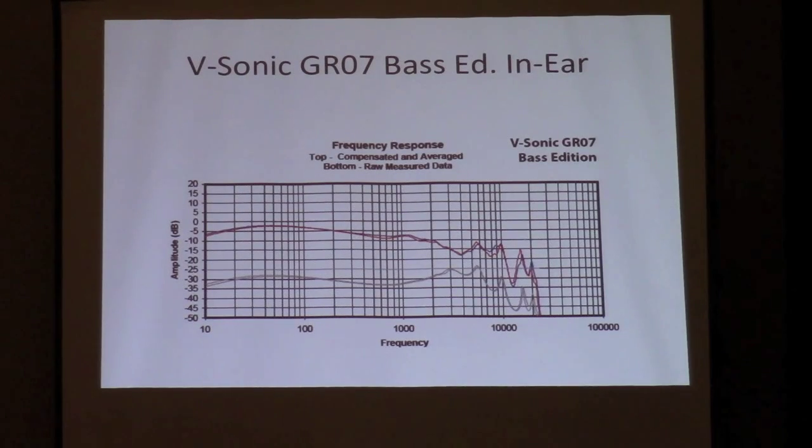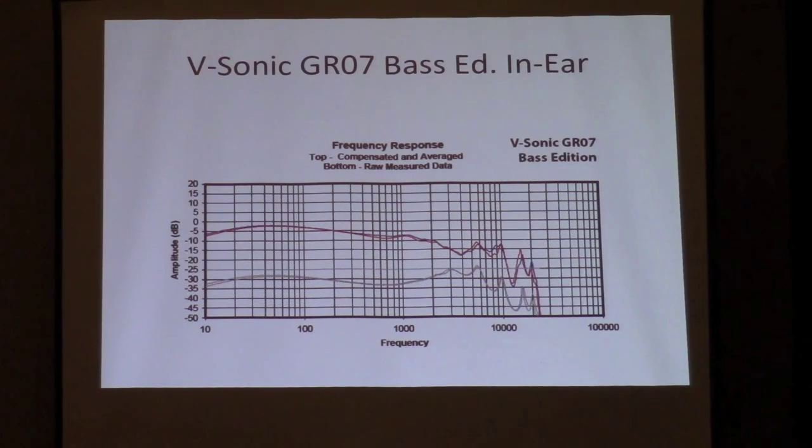Here's an in-ear headphone. This is one that's actually pretty close for an in-ear headphone. In-ear headphones will always have a lot of these peaky things. They come from the resonances of the tubes and stuff that connect the drivers to the ear and the ear canal resonances itself. One of the things that's interesting about these headphones, maybe will show up later in the slideshow, is that they put the primary resonance of the driver at 2.7K, which is right where that gain bump should be.